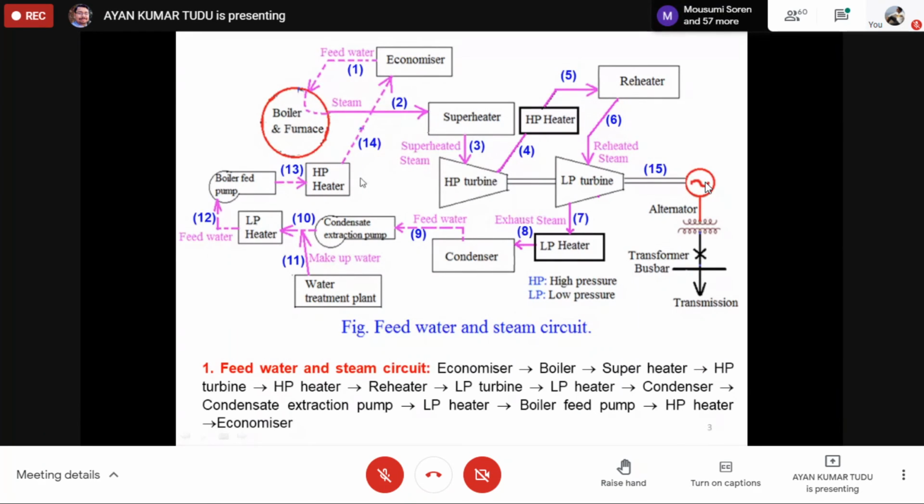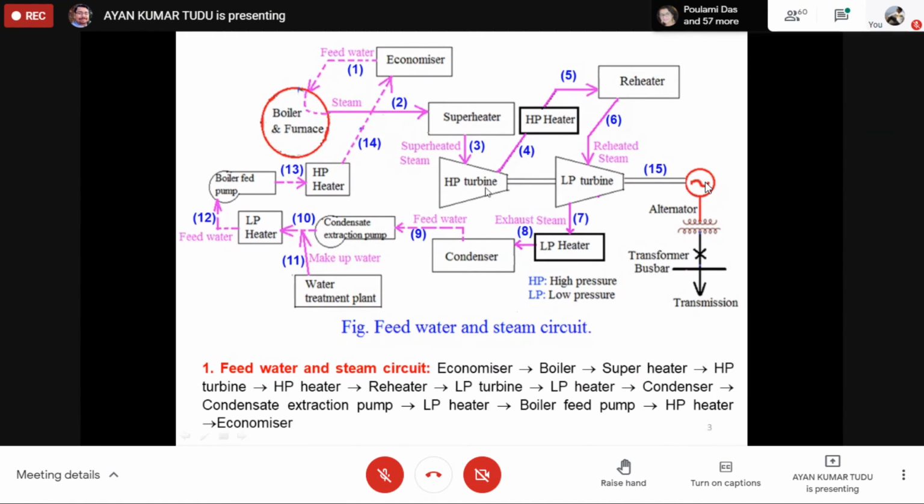As you can see, the steam, which is the output of the boiler and the furnace, is heated in this superheater before being supplied to the high pressure turbine.